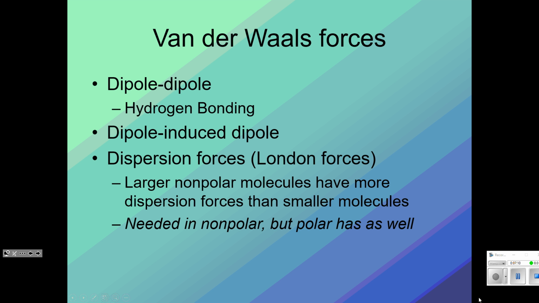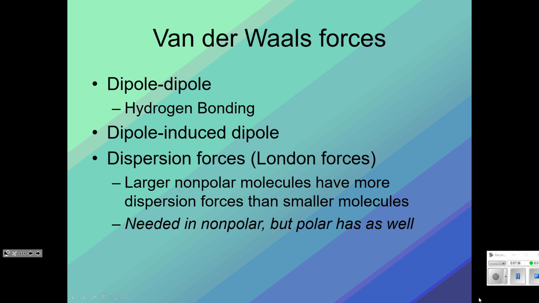Now, my first subpoint after dispersion forces is something that's commonly tested on. We can compare 2 different nonpolar molecules and see which one is held together better. When you are a larger nonpolar molecule, you have more electrons. And these electrons will create what's called temporary dipoles.